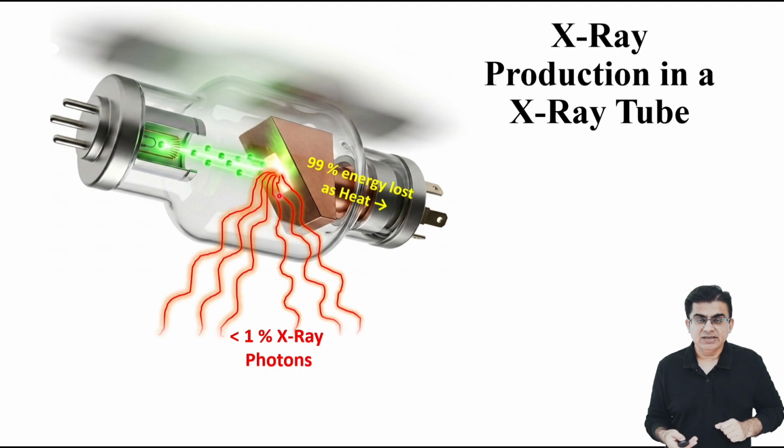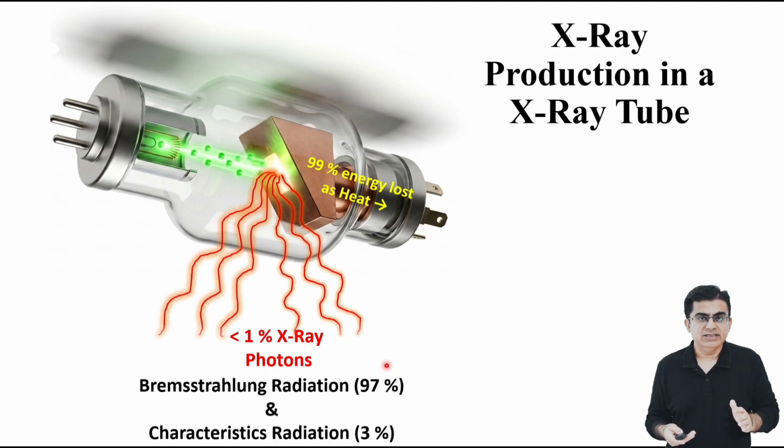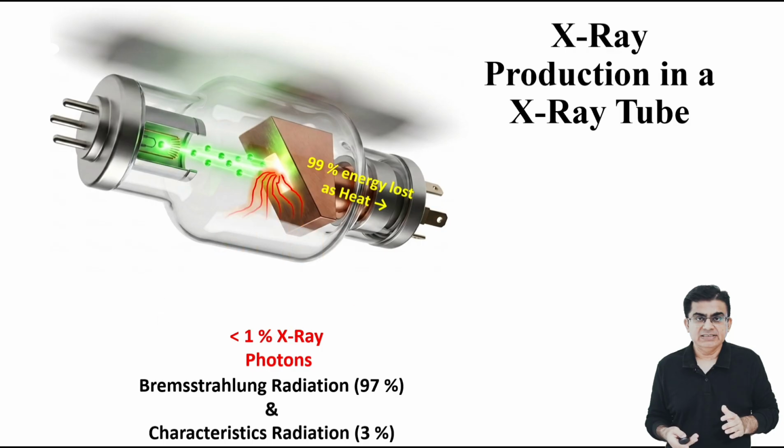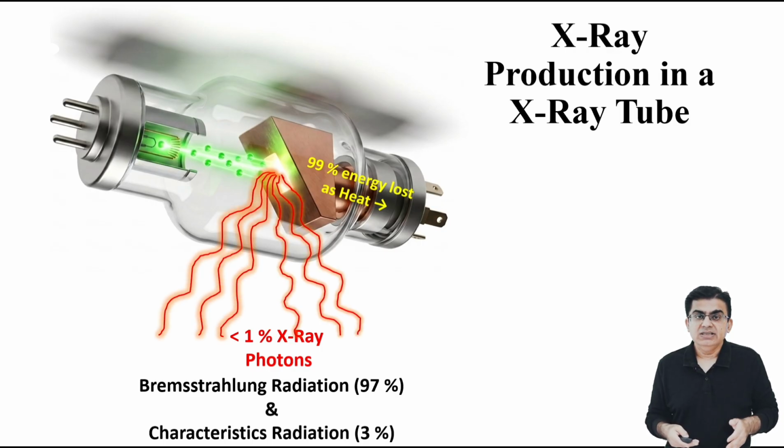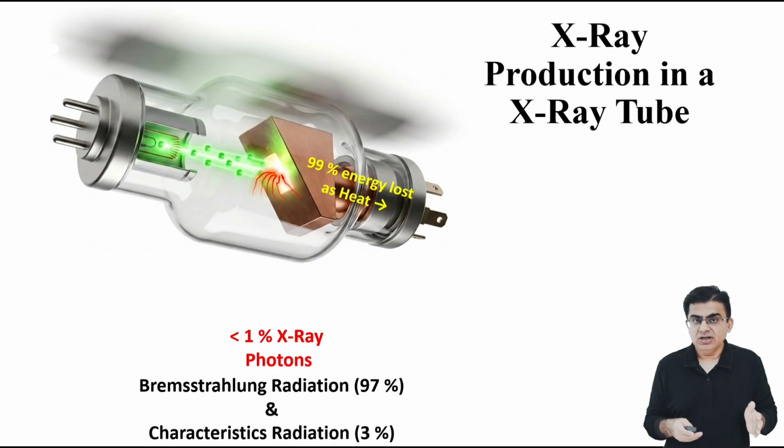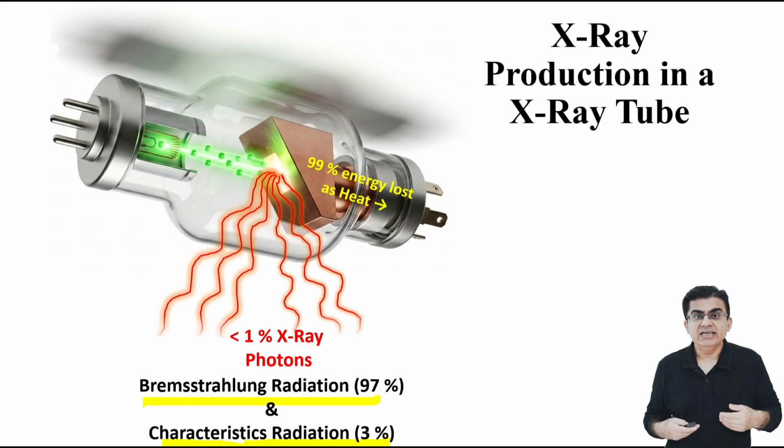Two interactions occur here. First, Bremsstrahlung X-ray radiation production, and second, characteristic X-ray radiation production. These two terms, Bremsstrahlung and characteristic, describe the specific atomic interactions that create our clinical X-ray beam.